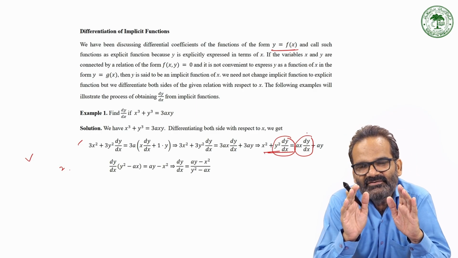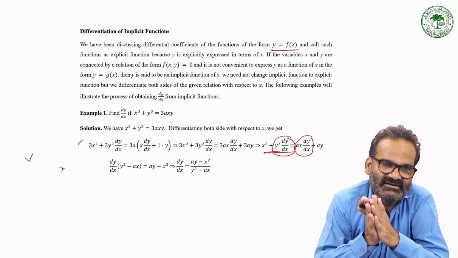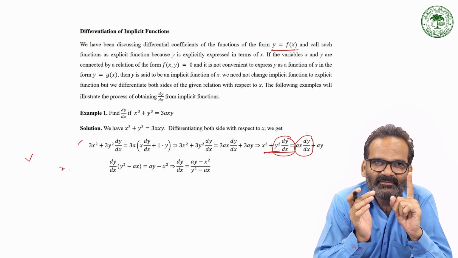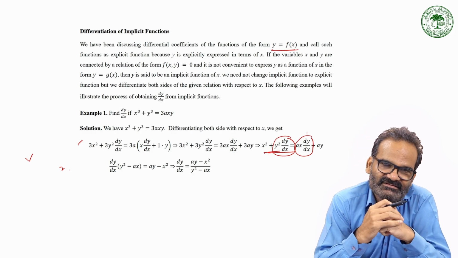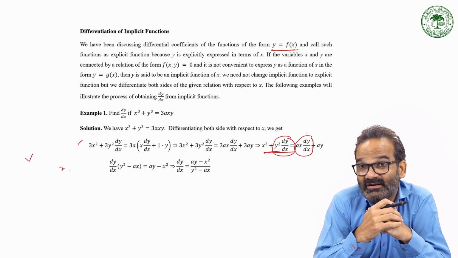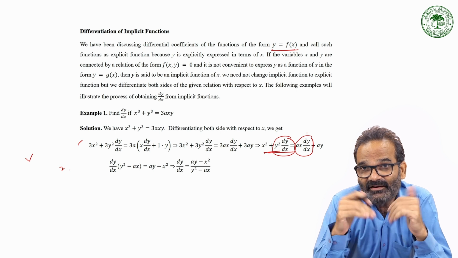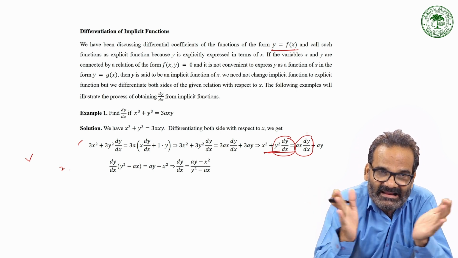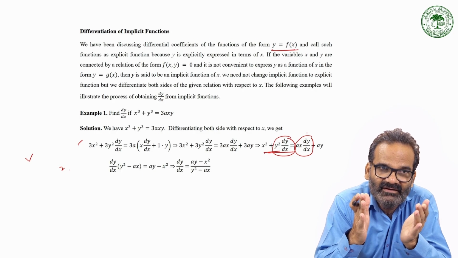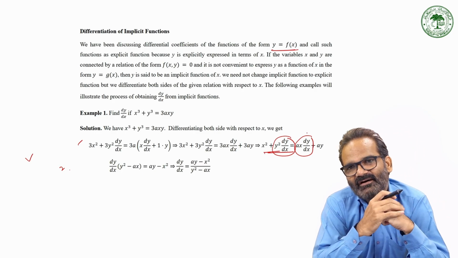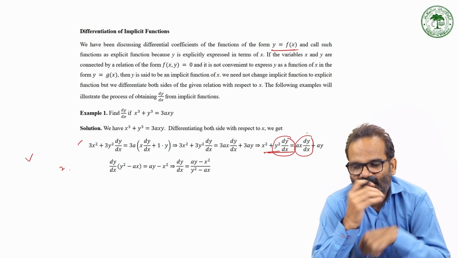This is the only difference between explicit and implicit. In case of explicit, we have a single variable y and its derivative is denoted by dy over dx. But in case of implicit functions, y may appear at more than one place. Therefore, dy over dx may appear at more than one place. Hence, we will collect all the terms of dy over dx together and take it common because we want to find dy over dx.